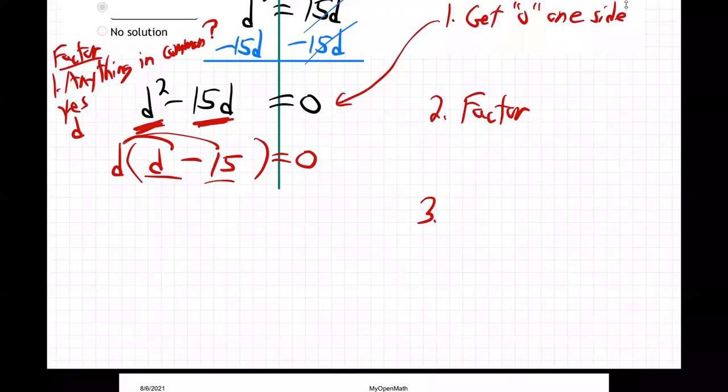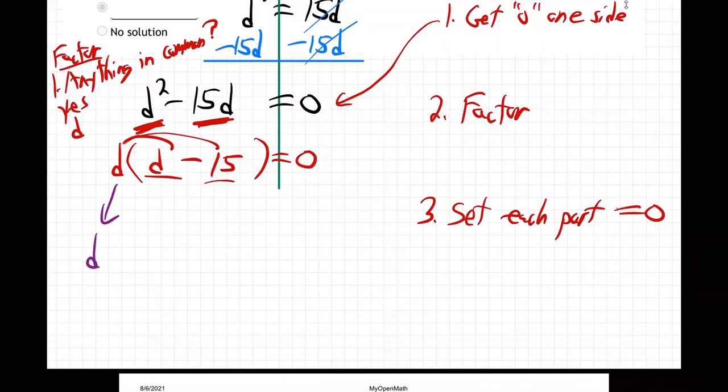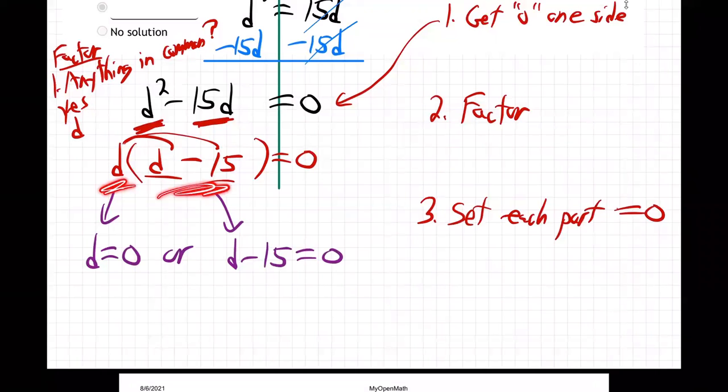Step number 3, set each part equal to 0. So I'm going to take that d alone equal to 0, or the d minus 15 equal to 0. Now, why is that? Well, that's because they were multiplying to equal 0. Right?